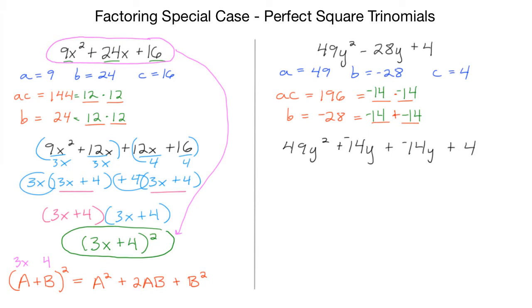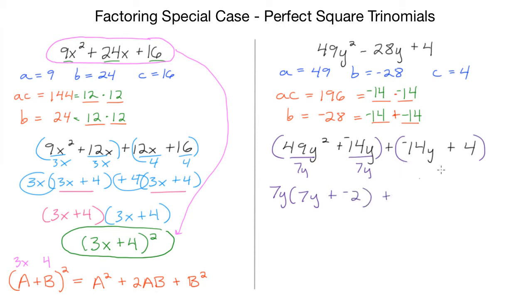All right, let's make my two groups. In this first group, what do we have in common? 49 and 14, I'm going to factor out a 7, and I'm going to factor out a y. So we've got 7y times 49 divided by 7 is 7, leaving 7y plus negative 2.